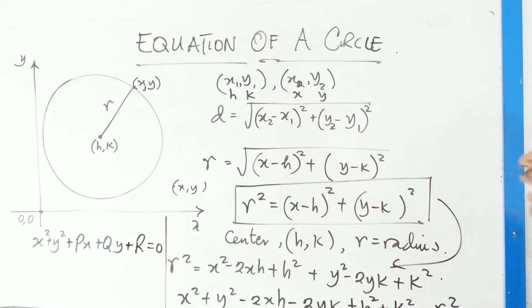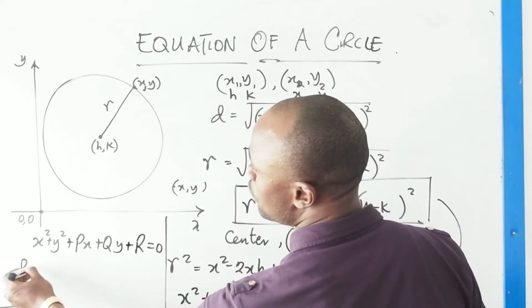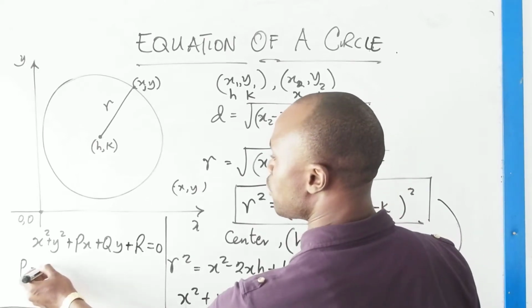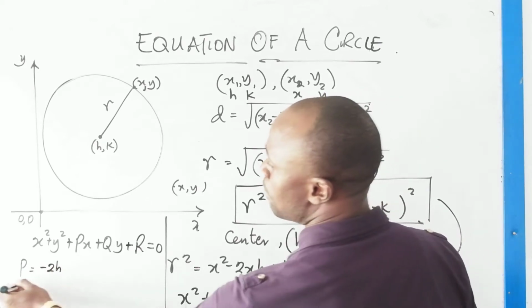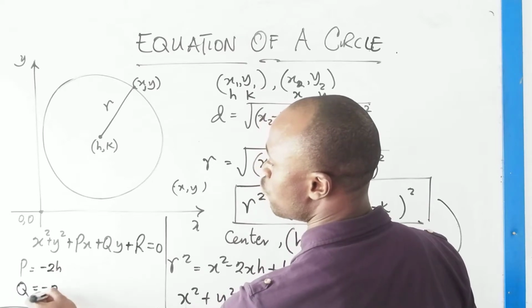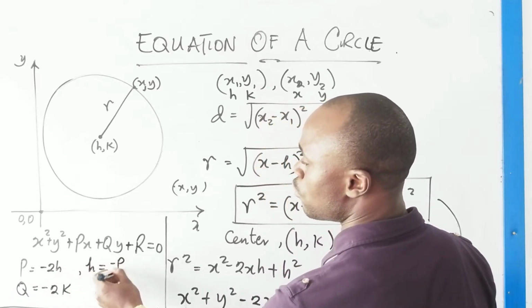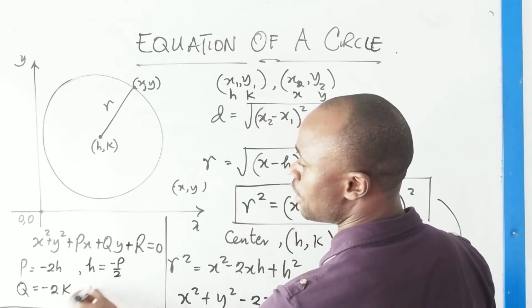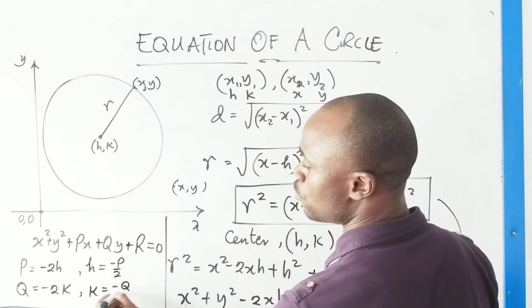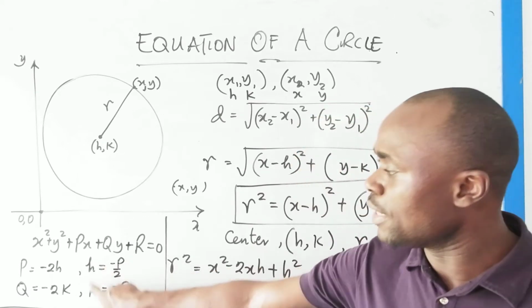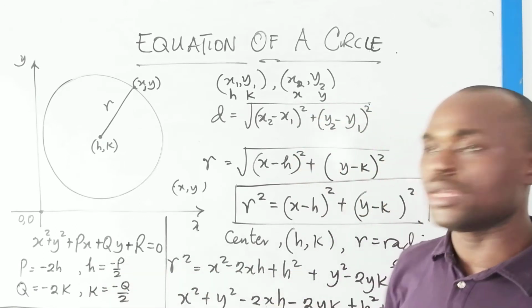What does that mean? It means that my p is equal to minus 2h, and my q is equal to minus 2k. Or I can say my h is p over 2 and my k is q over 2. So I can use this and this to obtain h and k, and I can use h and k to obtain any of these.